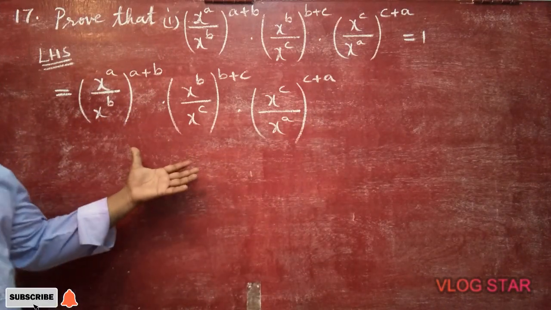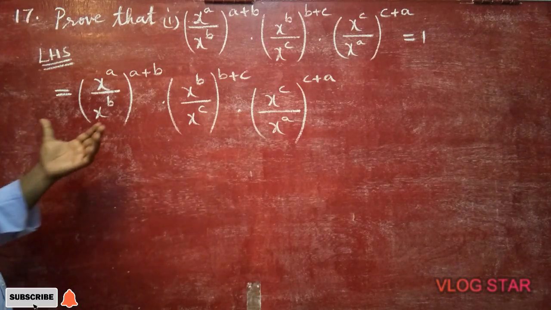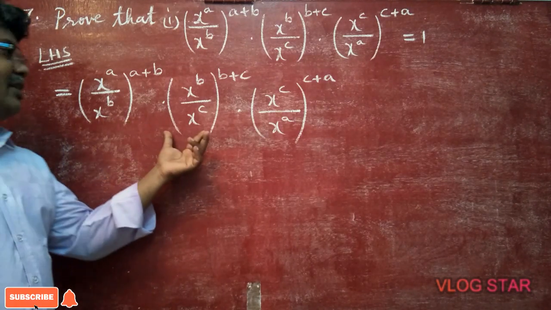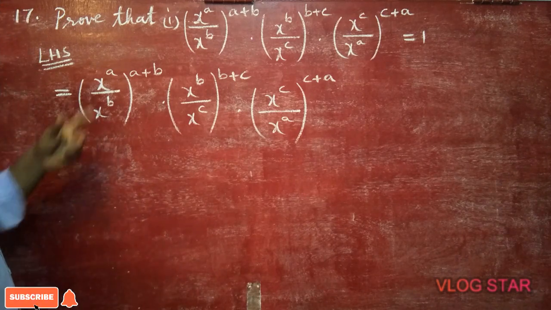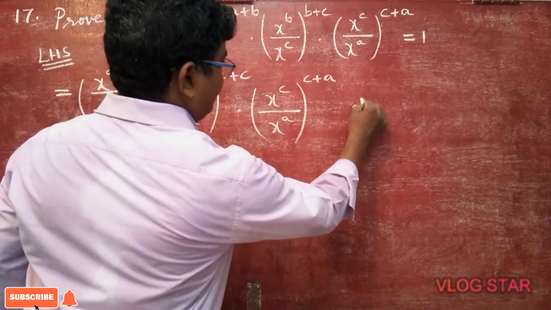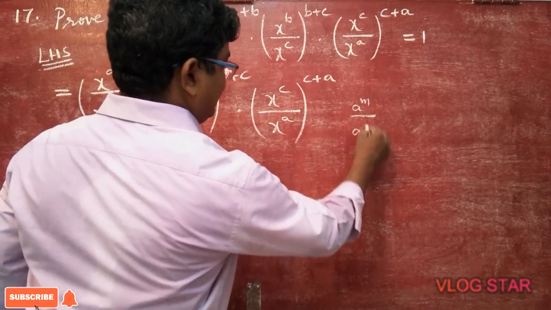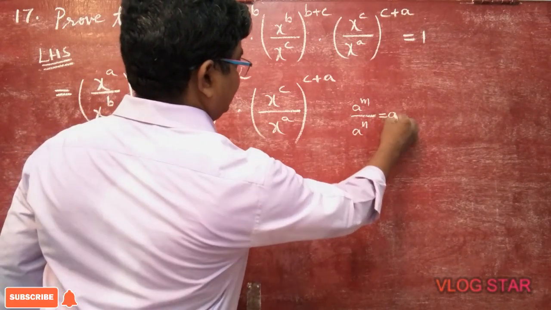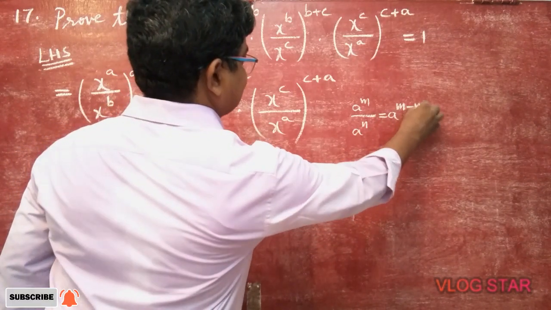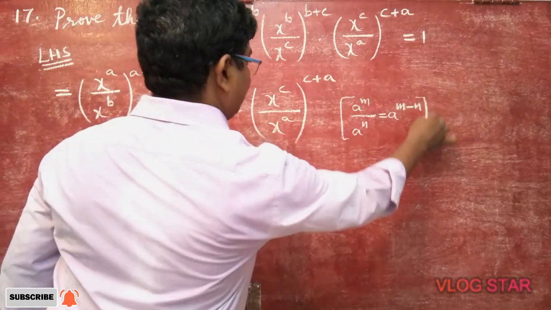This is the LHS. What is inside the bracket we do first, using the form a power m by a power n is equal to a power m minus n. This is the formula we are going to use.